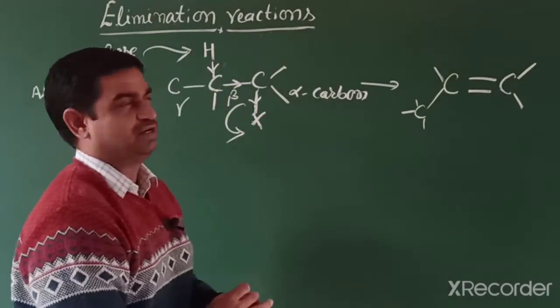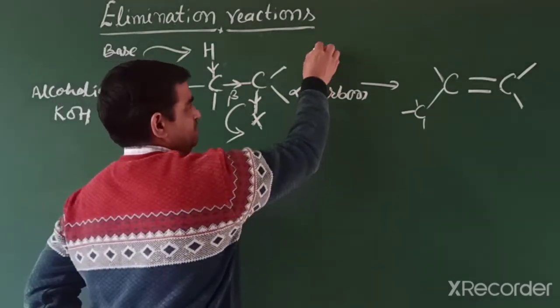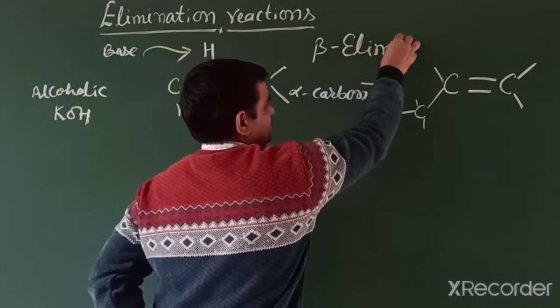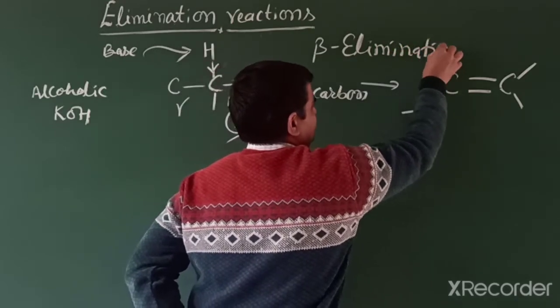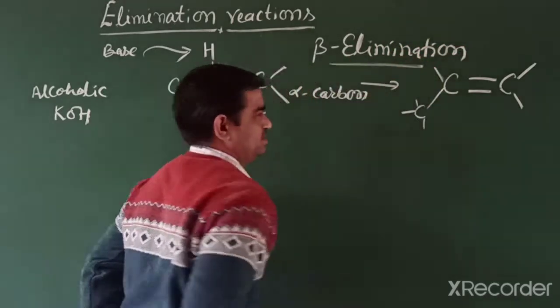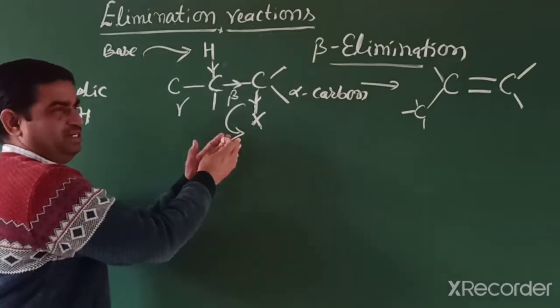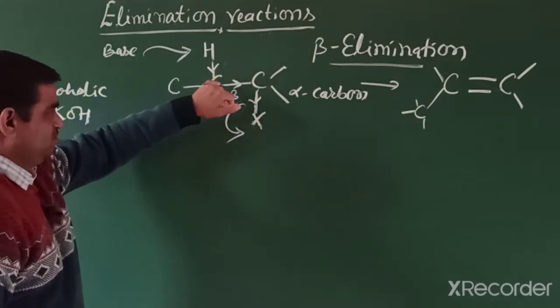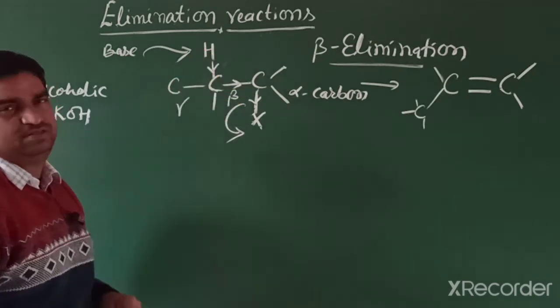This particular example is known as beta elimination. Why is it beta elimination? Because the carbon next to the one with the halogen atom is the beta carbon, and the hydrogen attached to the beta carbon is known as beta hydrogen.